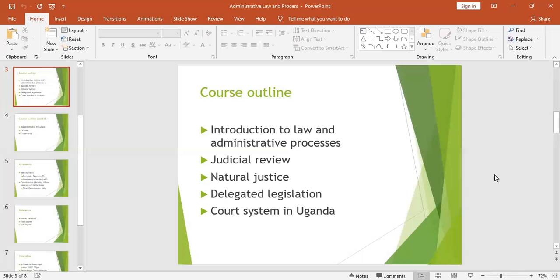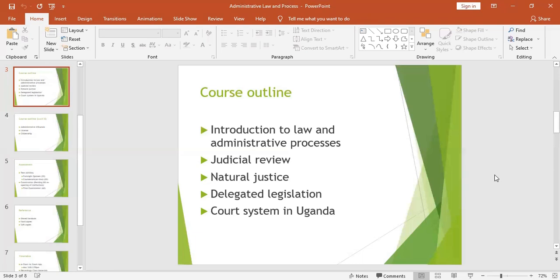Therefore, what is law? Law can be referred to as binding rules and regulations made by a recognized authority to regulate people's relationships in a given society or community.